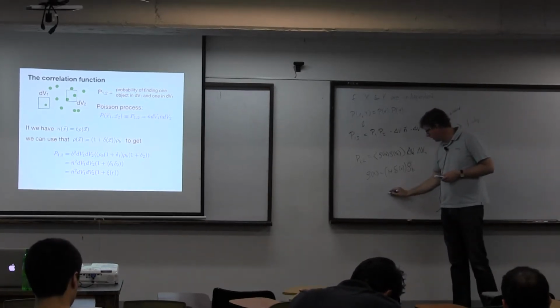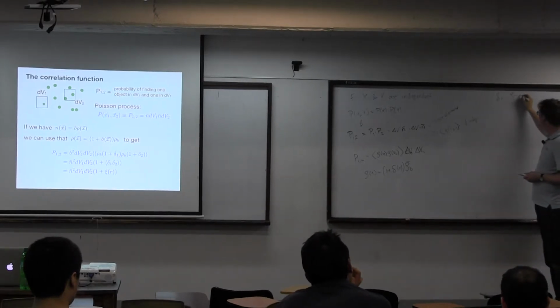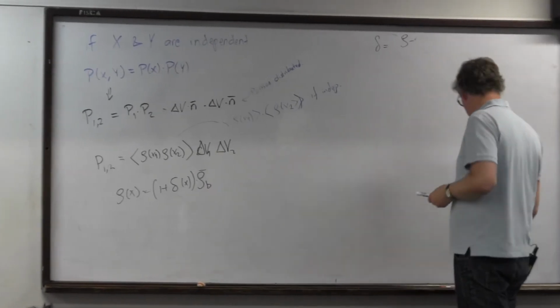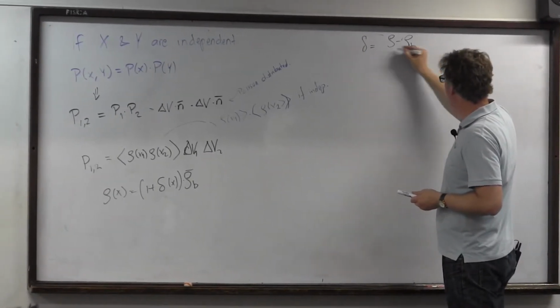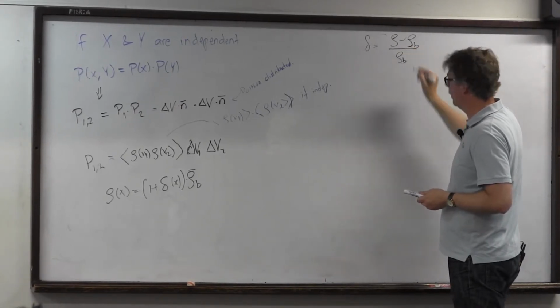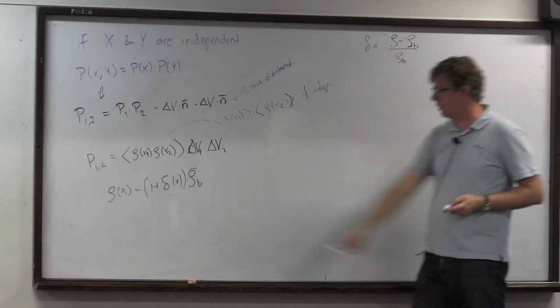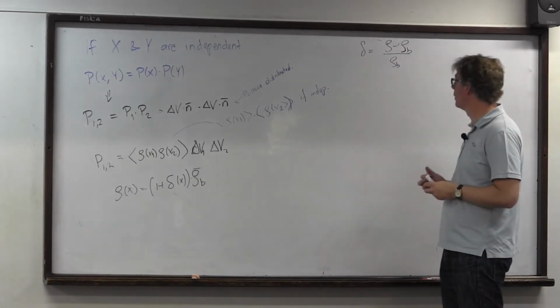Remember, delta is rho minus rho background over rho background. So if you solve that for rho, you get this expression. So that's the same.